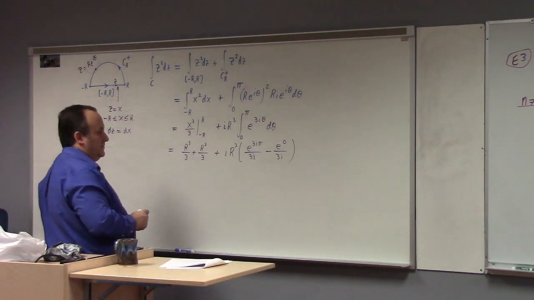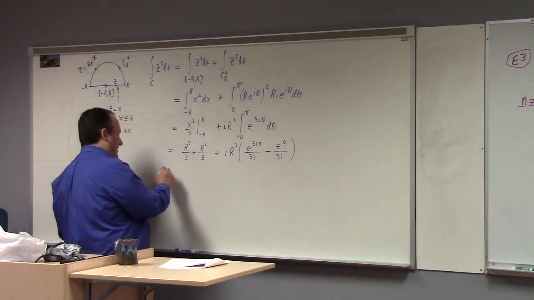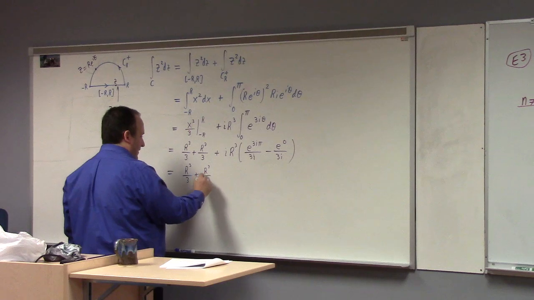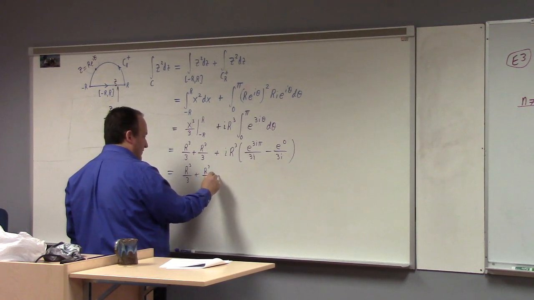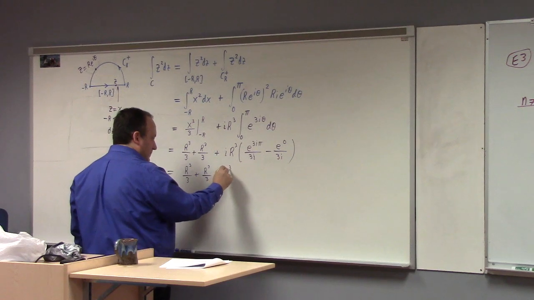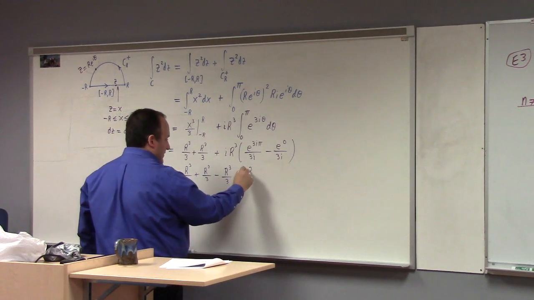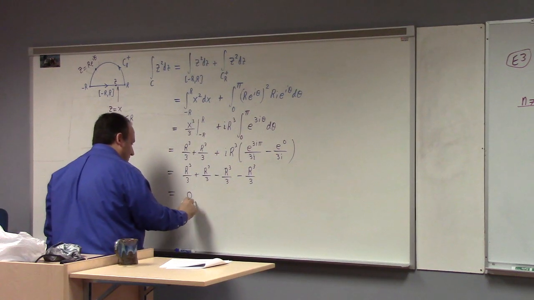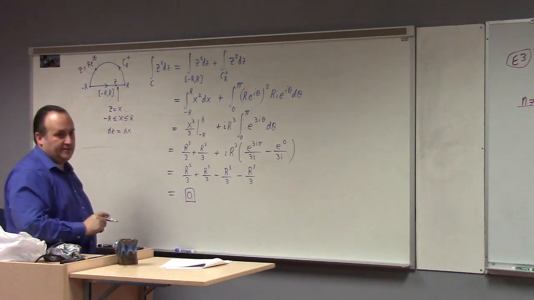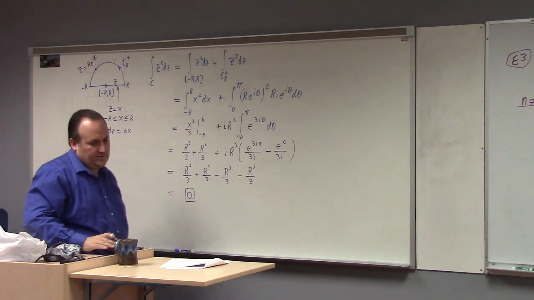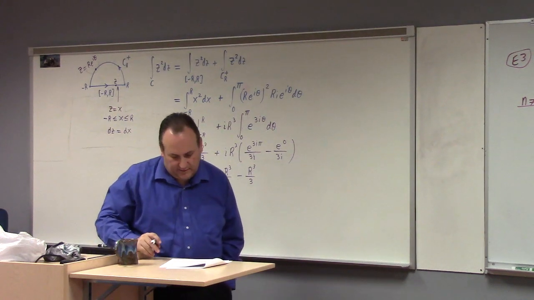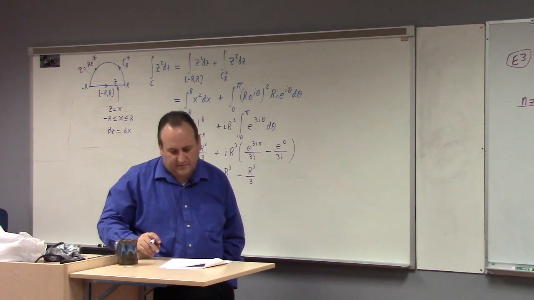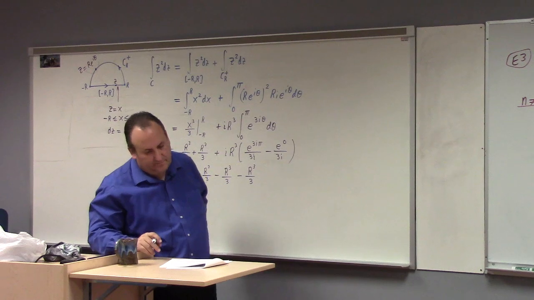Oh, the i's cancel, don't they? Okay, I think my notes are wrong. But I knew that the answer in the notes is not wrong for reasons I'm about to share with you. I knew that the answer to this is 0, guys. So my notes are a little bit sketchy. Or maybe I'm just reading them in the wrong order. It's fine. Never mind me. So it does work out to 0.